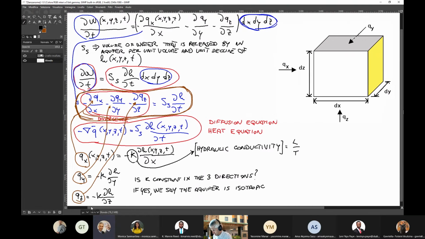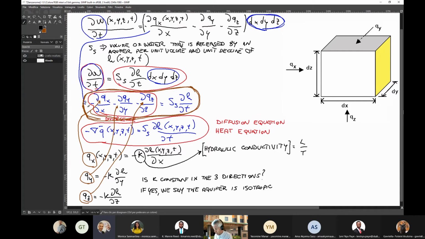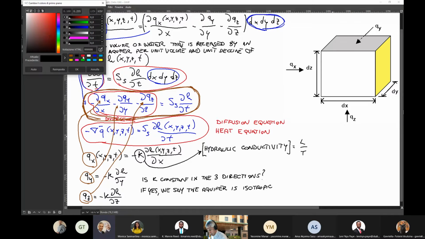So this is the equation that I have to grab, and let me write it with the red color to make a difference.